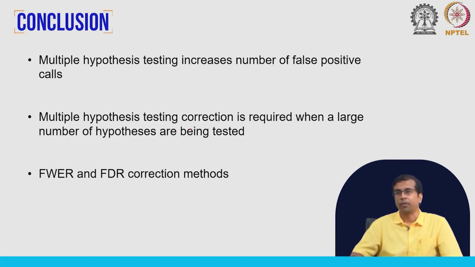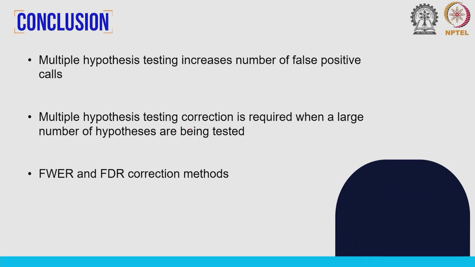We have talked about the first type of methods here. We have mentioned there are two types of correction methods that exist. One is the family wise error rate correction and the other is false discovery rate correction, and in this class we have talked about family wise error rate correction, and about two methods that help us do it.